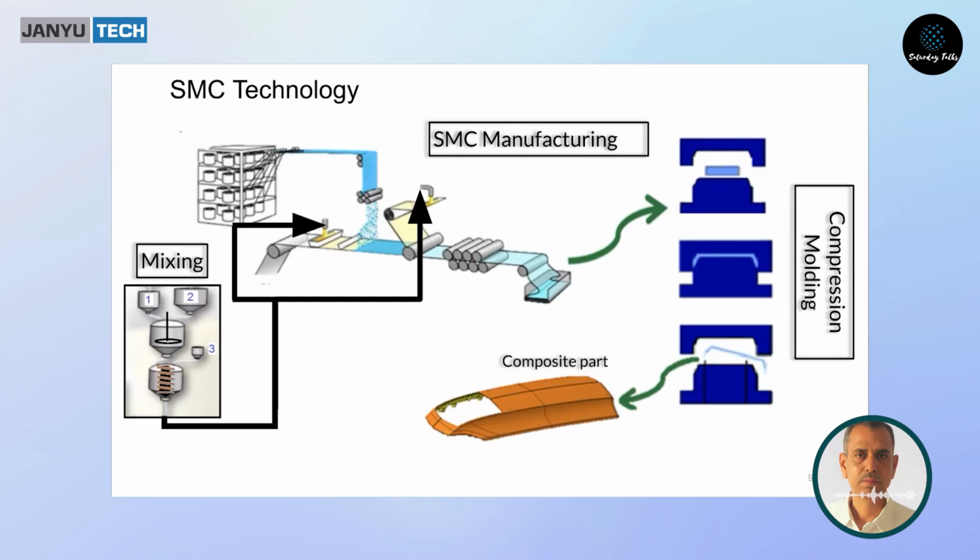I have included certain applications in a later slide, whether static dissipation or EMI, RFI shielding and beyond. We have a lot of applications in the electronics area, electronics packaging, and EV battery management. We shall discuss all those later.